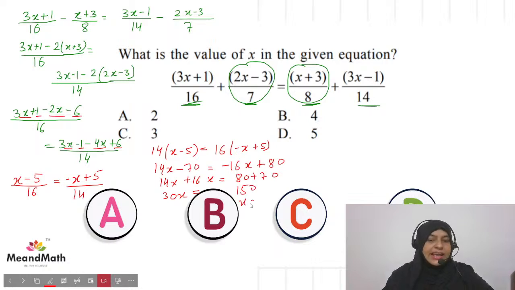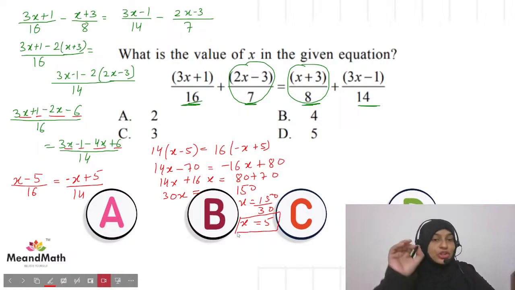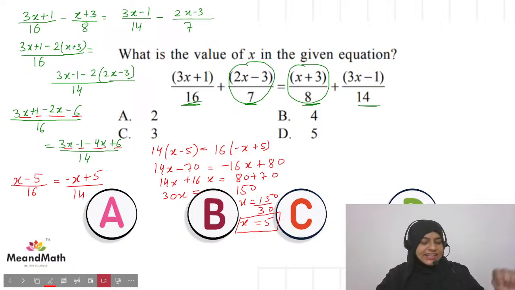So what will be x? x will be equal to 150 divided by 30. So we are getting 5. x is equal to 5. So the solution of this equation, the value of x, is 5. Very good, Sidra. We are getting 5 here. So the correct option is D. I hope all of you are solving with me and getting the same answer.